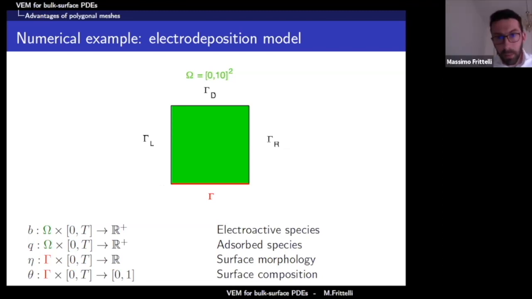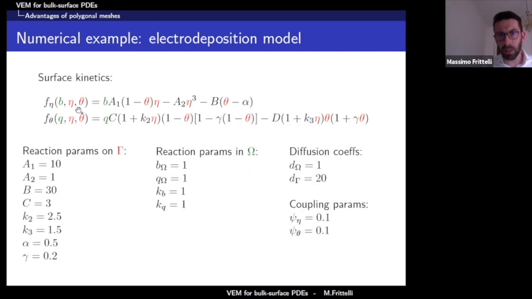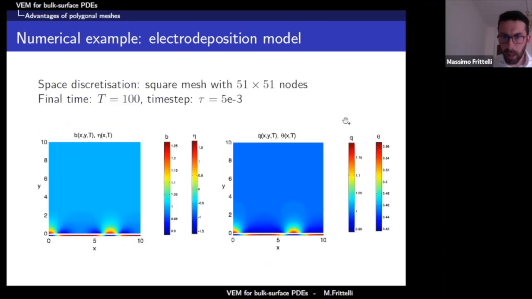Thank you very much. Okay, let me skip through the interpretation of the model. We have two bulk equations, two surface equations, and we have these boundary conditions. So these complicated kinetics describe the model, and this is what happens after some time. Look at the bottom line.